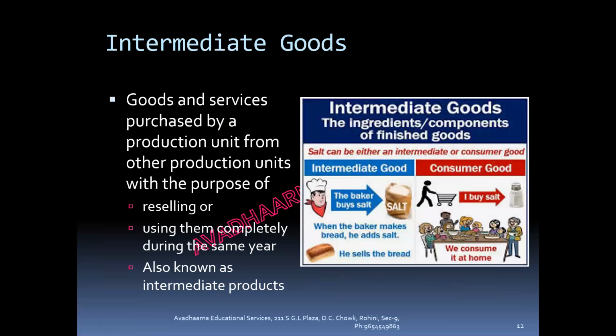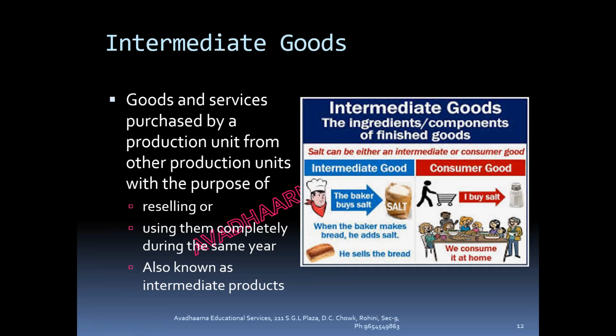Now let's come to the next type of goods, that is intermediate goods. Goods and services purchased by a production unit from other production units with the purpose of, देखिए यहाँ तो हमने एक प्रोडक्शन यूनिट ने दूसरे प्रोडक्शन यूनिट से गुड्स परचेज किए हैं और परचेज करने का जो पर्पस है वो कंजम्पशन नहीं है.